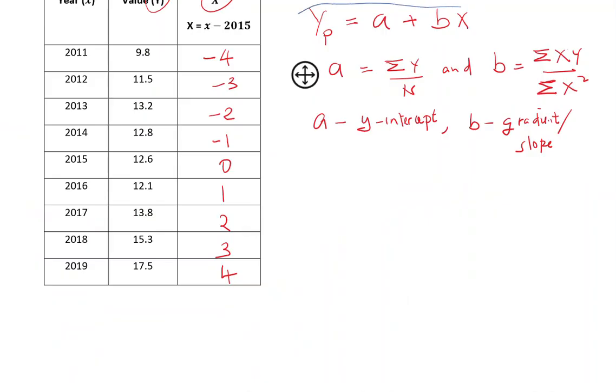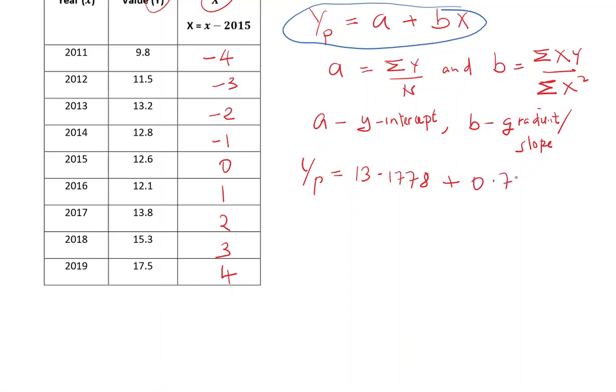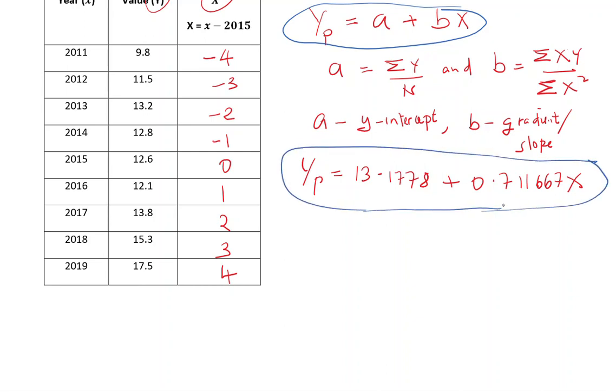So Yp equals, now we know what a is, it's our intercept, 13.1778, plus our gradient or slope, which we got to be 0.711667 x. So guys, this is our trend line. Boom.